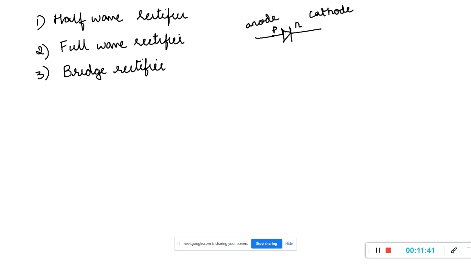This PN junction diode conducts only in one direction, only when it is in forward bias, and hence it is used as a rectifier. I have listed various important characteristics of the half wave rectifier.